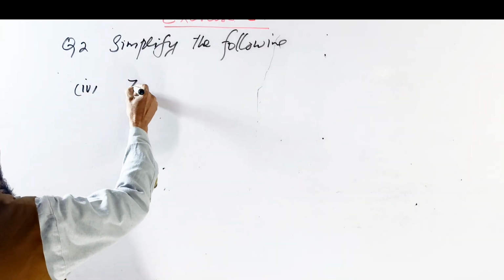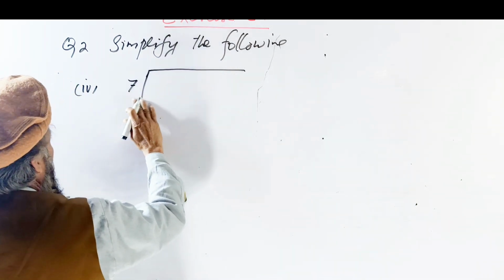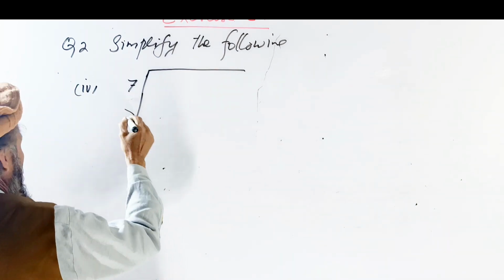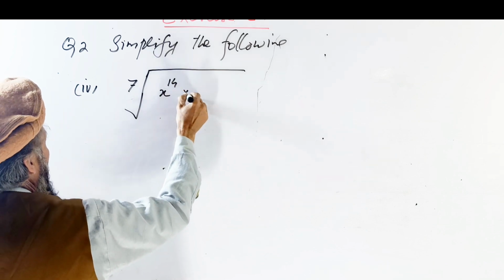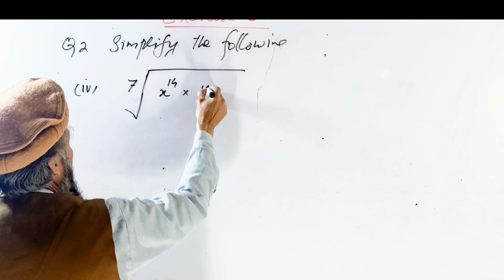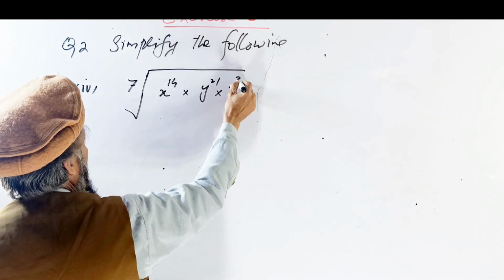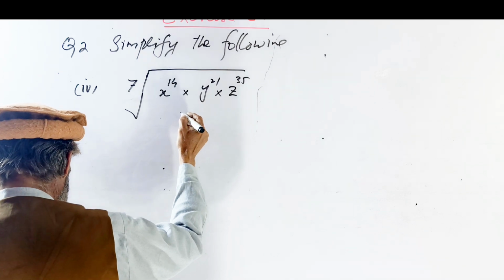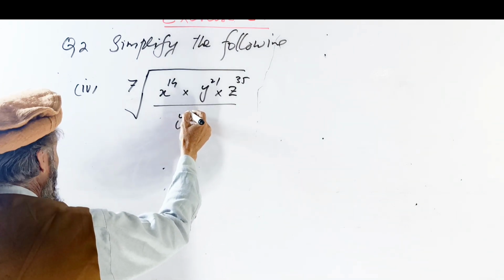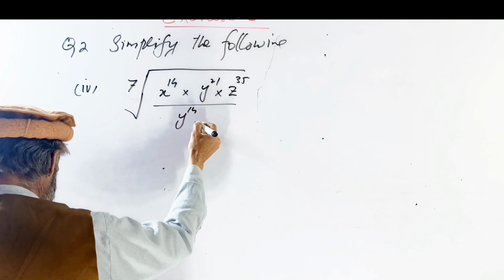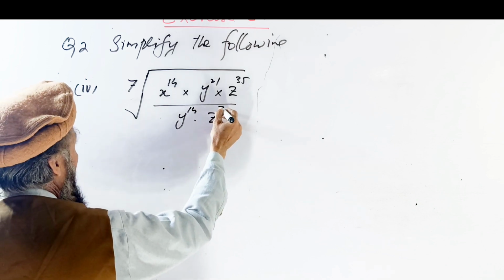7 is the index form of this one: x14 into y21 into z35 divided by y14 and z7, whole power 1 over 7.